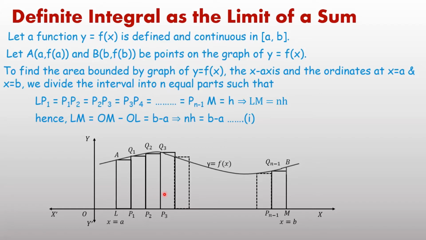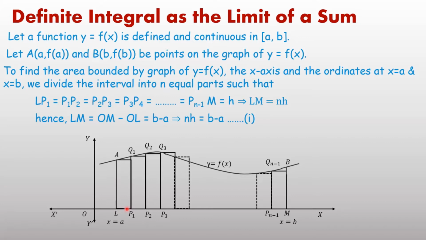Now since we want to find the area of this region, first just calculate the value of LM, the distance between L and M. LM we can write as OM minus OL. The value of OM is b and OL is a, so b minus a. And since we have divided LM in n equal parts, from L to M we have divided this whole base in n equal parts, and the breadth of each part is h.